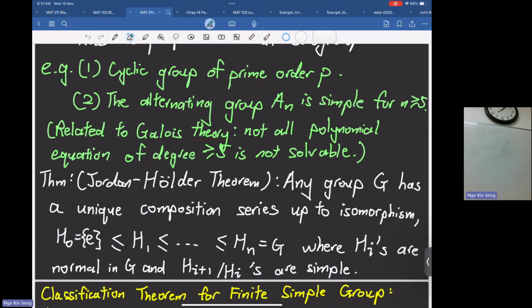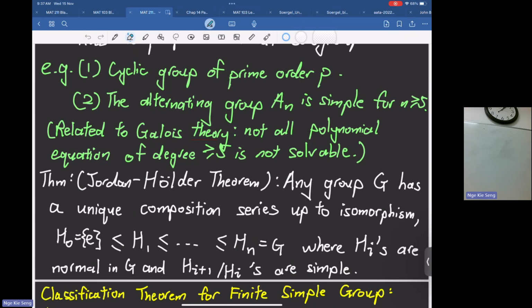So I just need to care about the simple factors, and then I can use all these simple groups to build my G. So this is the application of the quotient group: I can decompose my group into simple groups using the Jordan-Holder filtration.